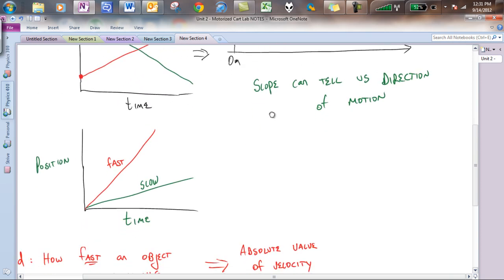The second conclusion that we saw was that the fast car always had a steeper slope than the slower car. So from here we can make a final conclusion that slope can tell us about the speed.